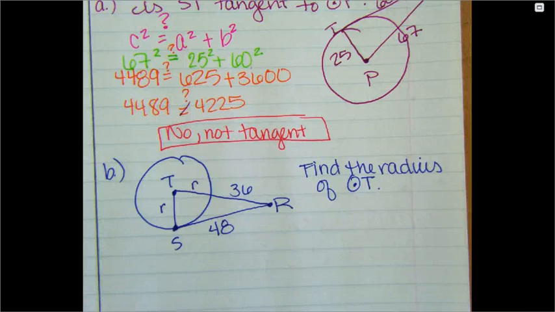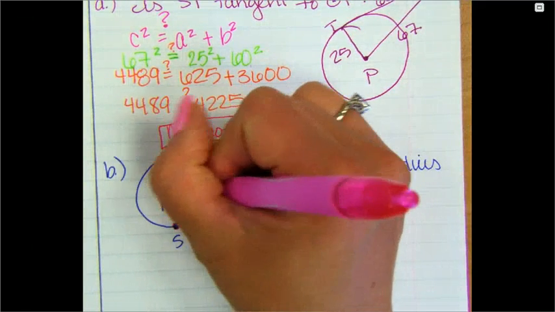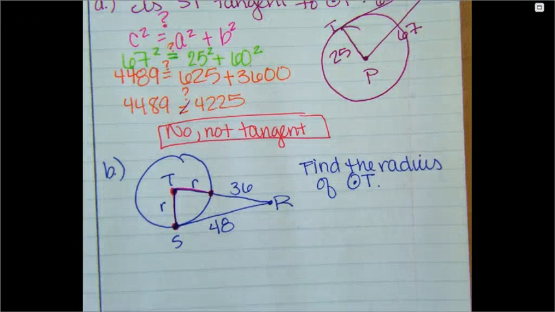Okay. What does it mean to be a radius? From where to where? From the center to any endpoint on the circle. So the center to any endpoint on the circle. Why do you think I have the letter R there?